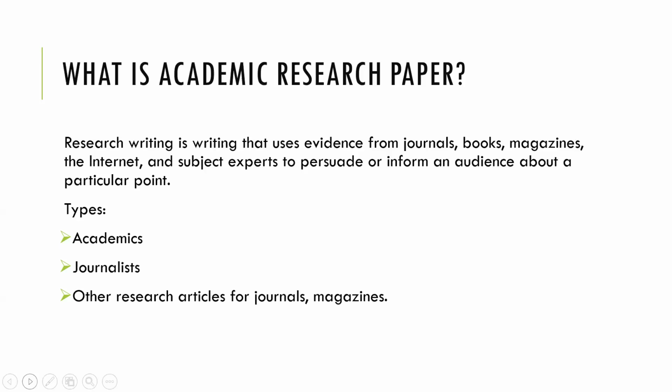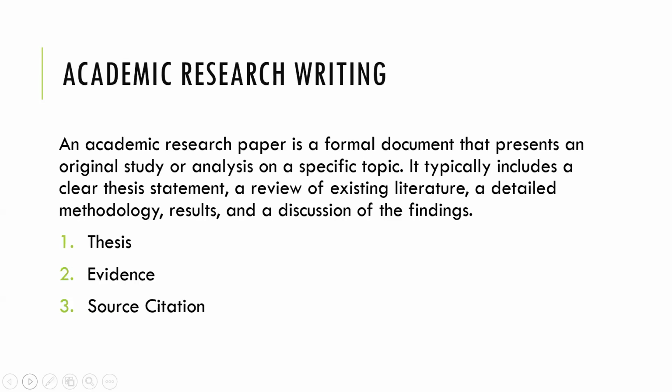So we have different types of research papers. It can be academic, journalist, and other research articles that are written to the journals and magazines. But an academic research paper differs from them. An academic research paper is a formal document that presents an original study or analysis on a specific topic. So you will focus on some specific topic.